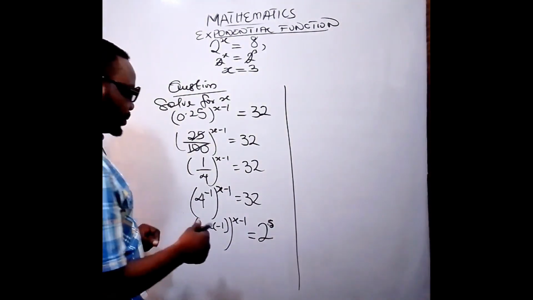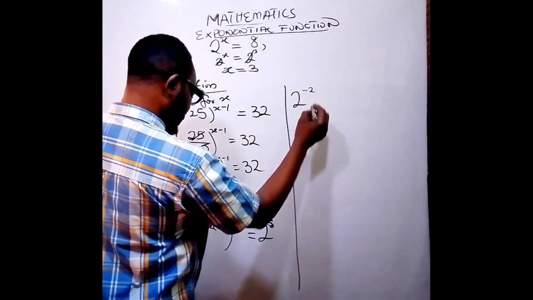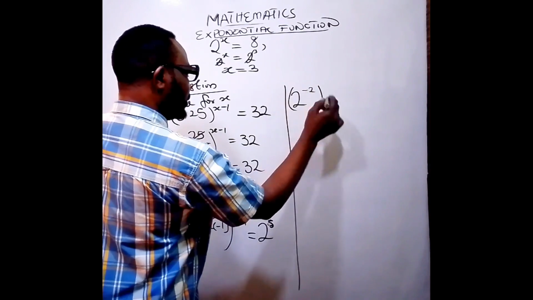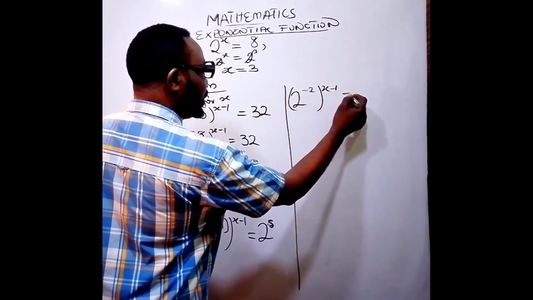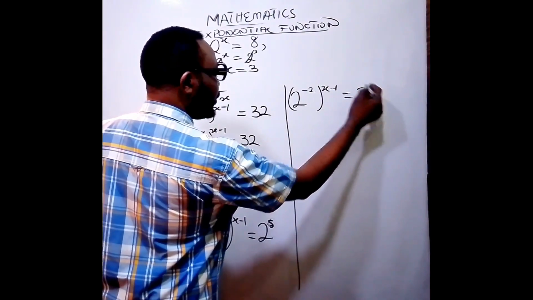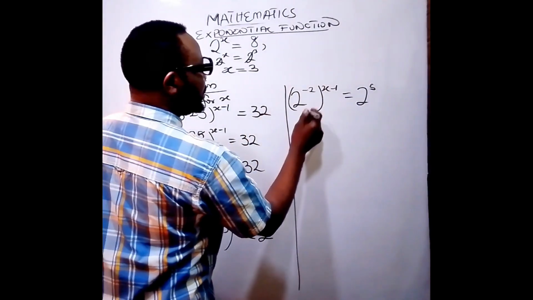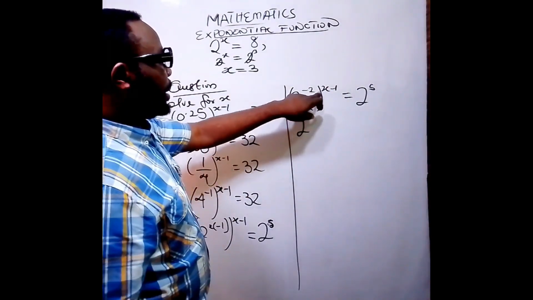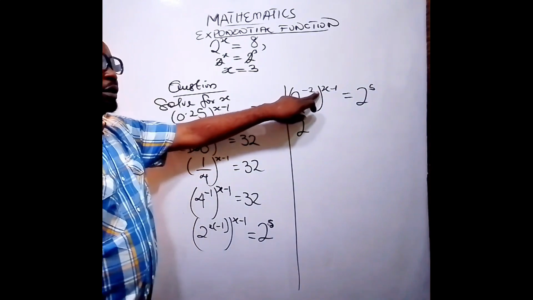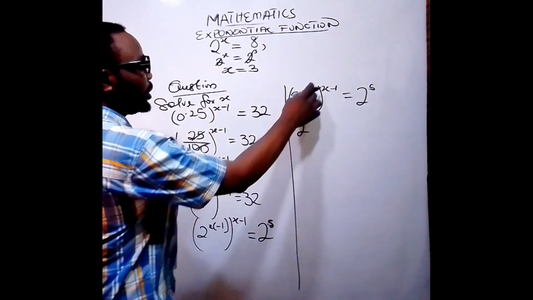Very good. So now this one becomes 2 raised to the power of minus 2, into bracket x minus 1, equal to 2 raised to the power of 5. So this will become 2 raised to the power, when you have this power, this is what we call the multiplication at the power level. You have to multiply this by this.